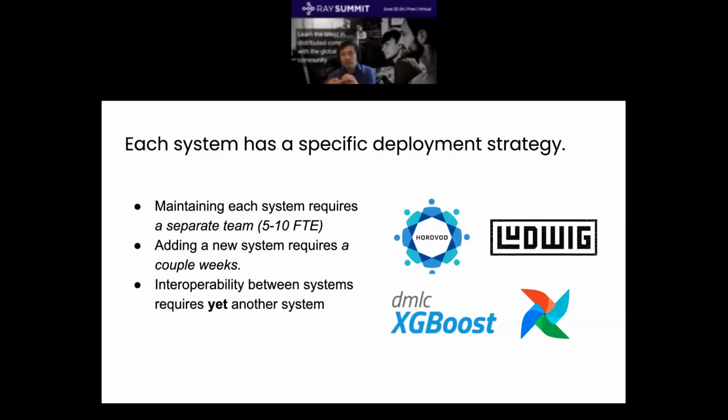And adding a new system is very expensive. If you think about the scenario where currently you're doing TensorFlow, but your company wants to evaluate PyTorch, even adding the support to the underlying resource management layer is expensive. And interacting between these different steps requires the external orchestration engine and materializing the data in external storage.